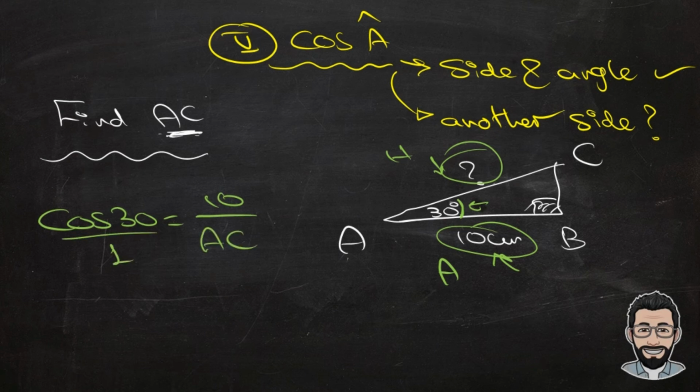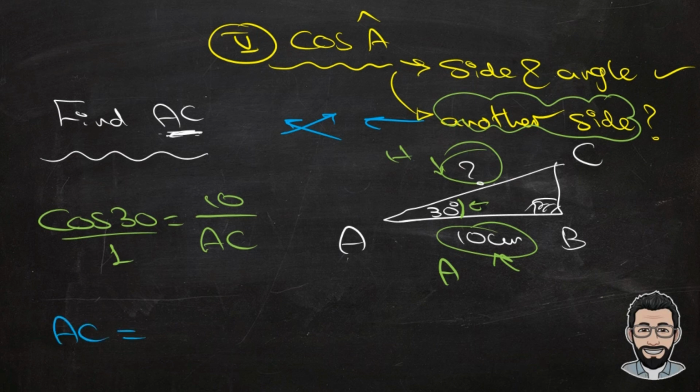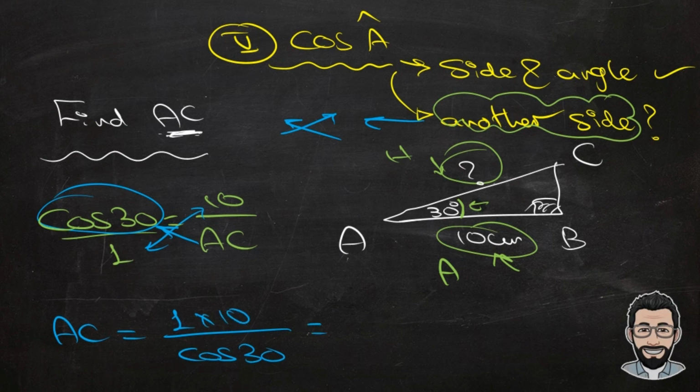If you want to find any side, you have to remember the cross multiplication. So AC equals, what is the opposite of AC? Cosine. Put it down in the denominator and put the other numbers in the numerator. 1 times 10. So AC is going to be about 11.5 centimeter.